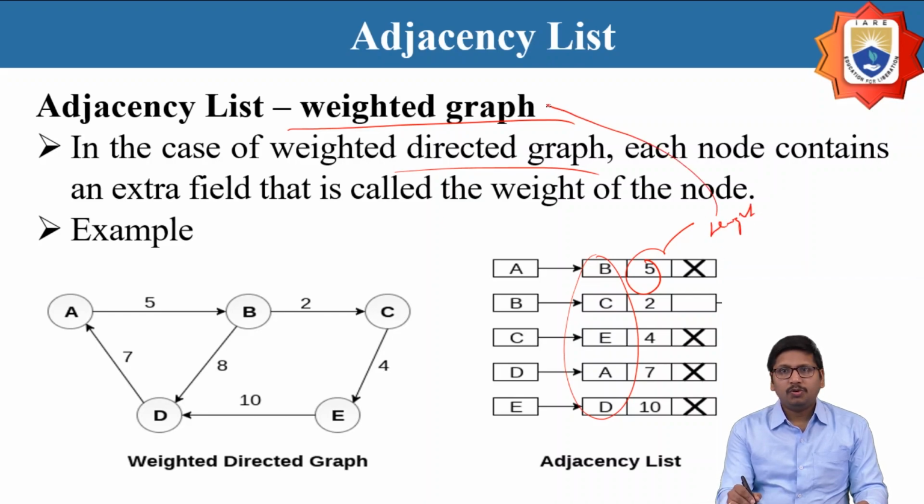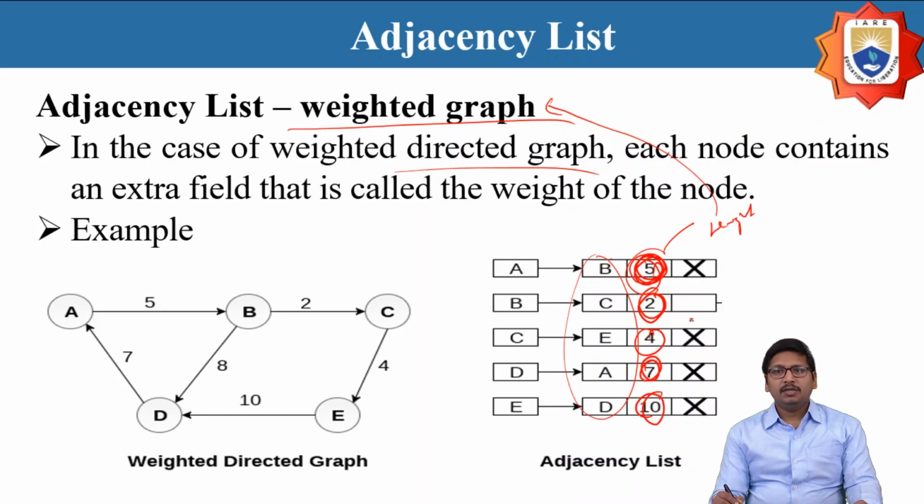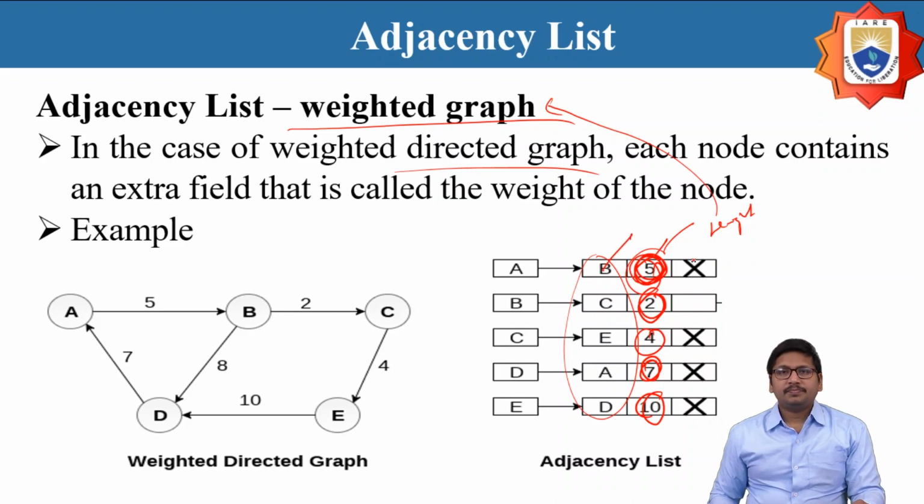Since I draw the weighted graph, along with the vertex of the connected node, the weight is also represented in the adjacency list. So one more field is added: data, then weight, and then link.